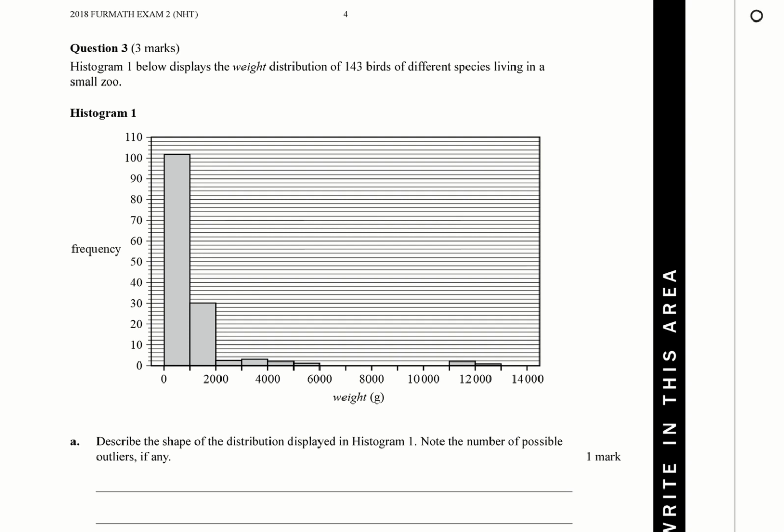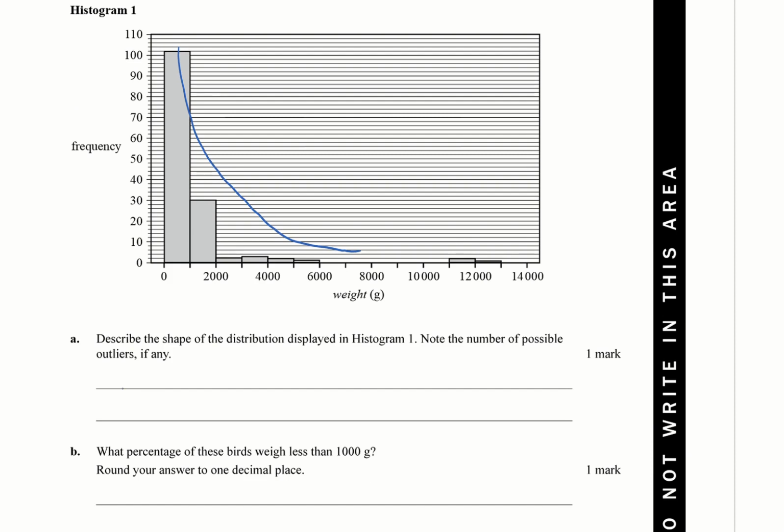So it's looking like this. The way I look at it, it trails off to the positive, so it's going to be positively skewed. But we've got these things here, and make sure you count these: 2, 4, 6, 8.